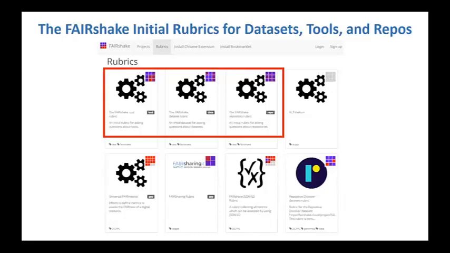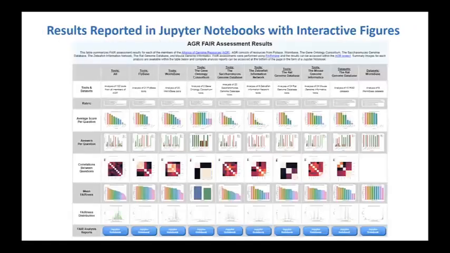One of our projects was to evaluate all of the digital resources that are on the AGR websites. And this is a summary of this project where we tried to evaluate 132 tools and about 15 data sets that are hosted on those model organisms websites.